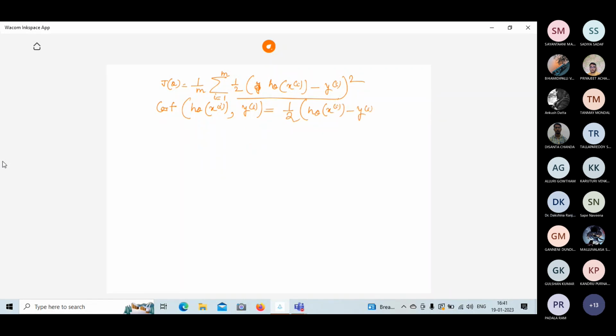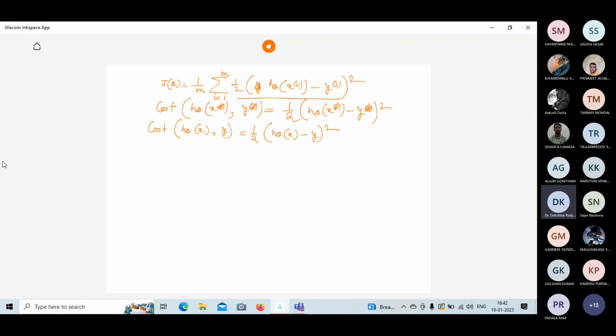Okay. Now to generalize this cost function, we can remove this superscript i, and we can write cost of h theta x comma y equals half of h theta x minus y square.